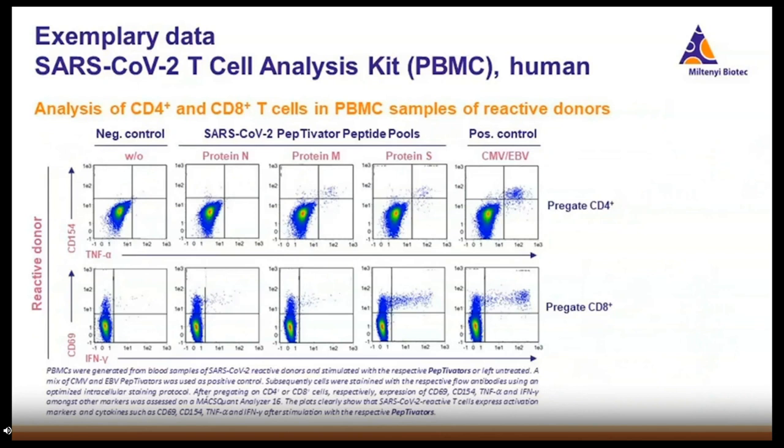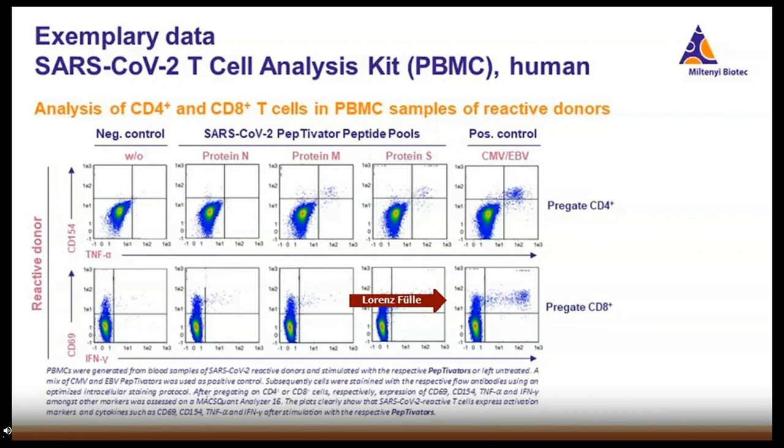Of course, we've also generated some data with this kit. In this nice example, we stained PBMCs of SARS-CoV-2 reactive donors after stimulation with the indicated PepTivator, and then stained them with the panel that is included in the SARS-CoV-2 T Cell Analysis Kit, plus CD69 in this case. Here we used a mix of CMV and EBV PepTivators as a reactive control.